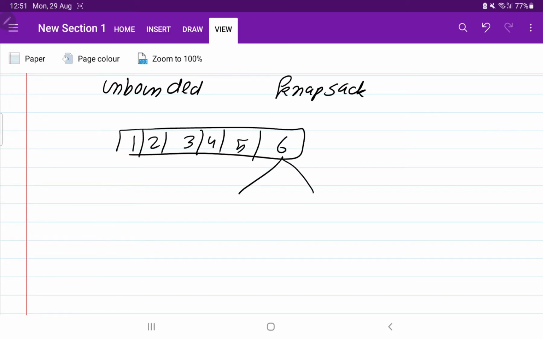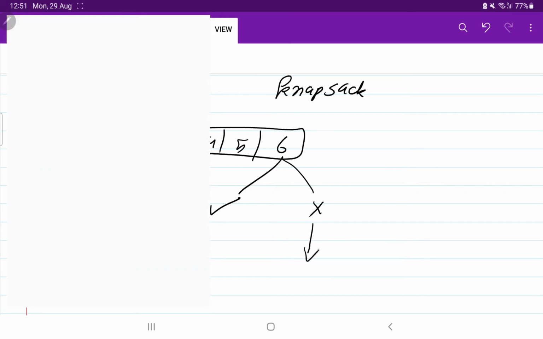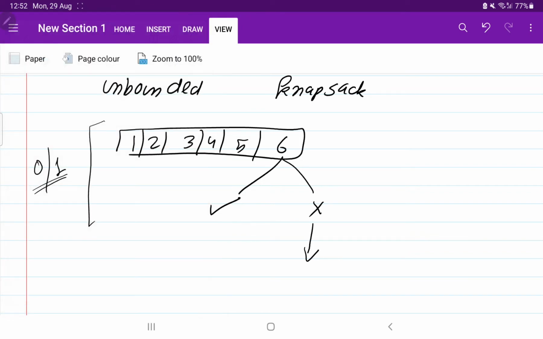Here you can take the 6 or you can leave the 6. This is the concept of 0 1 knapsack. Either you select it or you leave it. If you have ignored it, it means this item is processed. Now you are not going to take any decision on this item. First of all I am explaining the 0 1 knapsack.